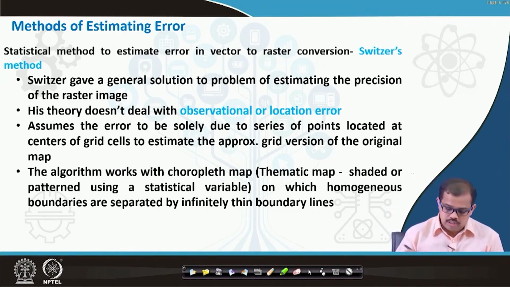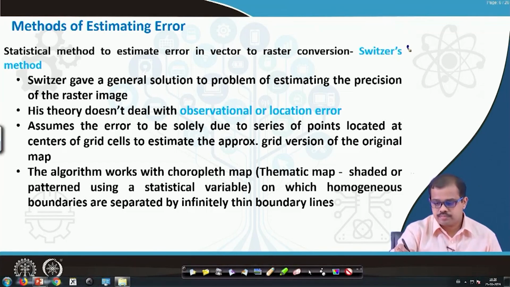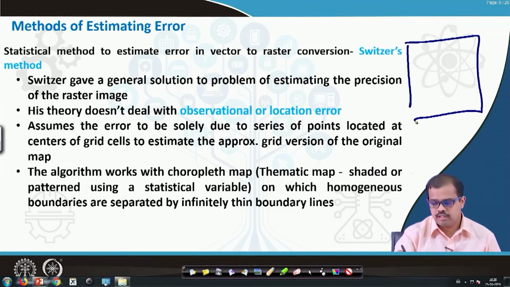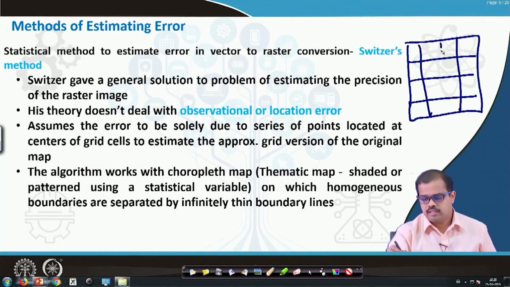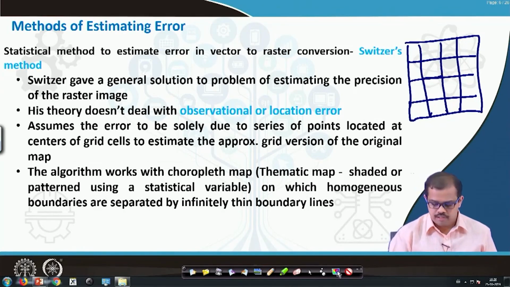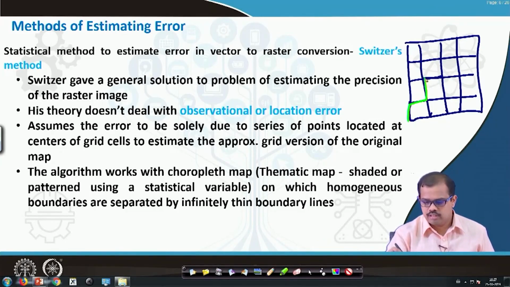What I mean to say here is, if this is a particular grid that has been converted from a raster to a vector, let us say this is the grid that I have. Now I have converted a raster to a vector.